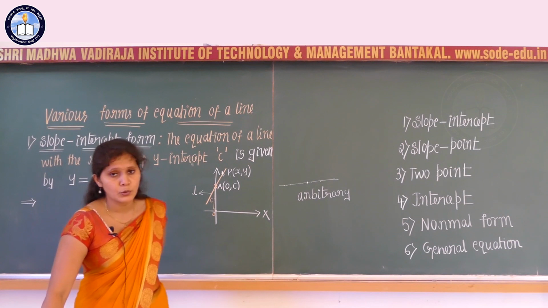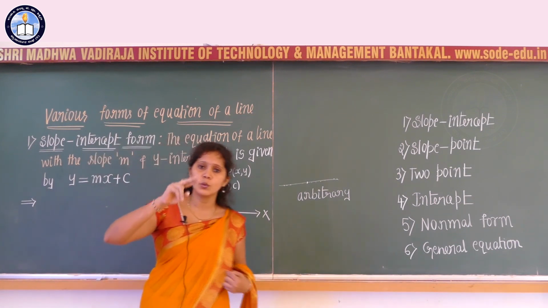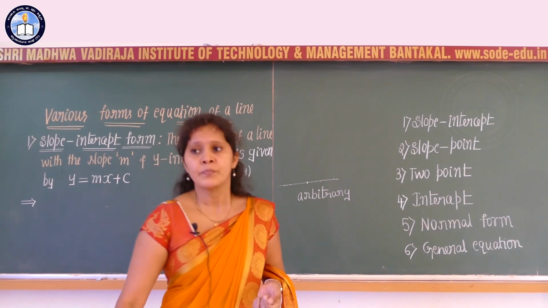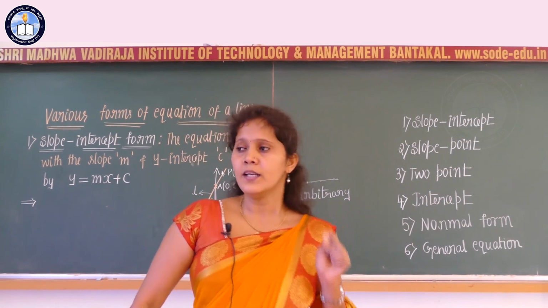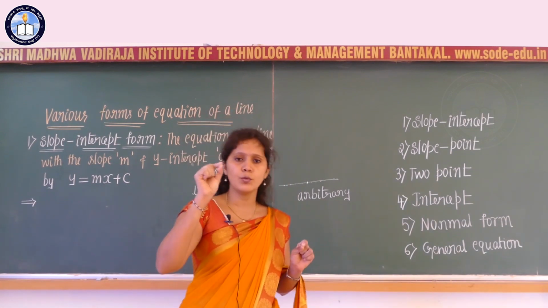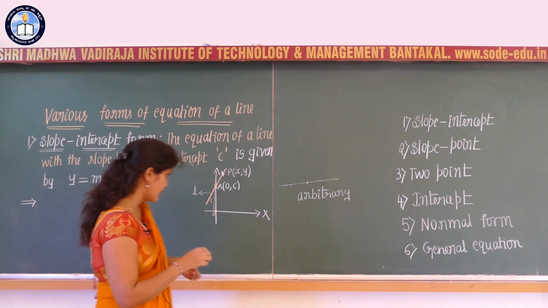How can we find out the slope? Already we have derived one formula, that is, if 2 different points are given, then the slope of the line joining the points is given by the formula y2 minus y1 divided by x2 minus x1, clear?